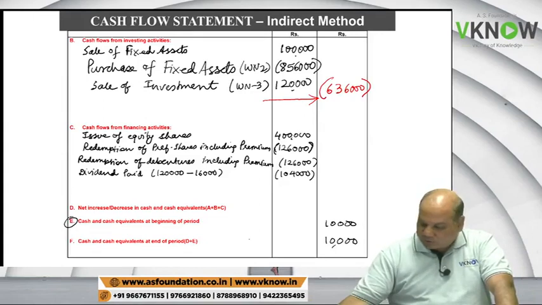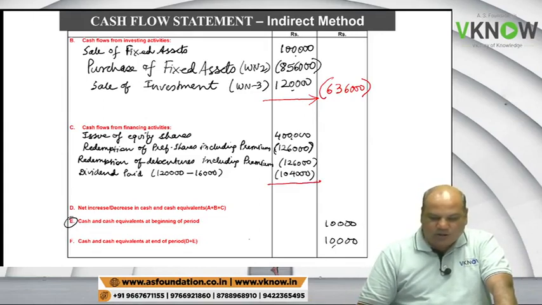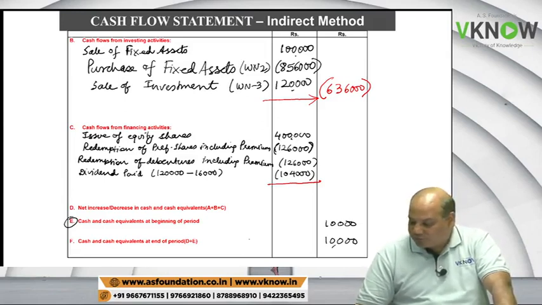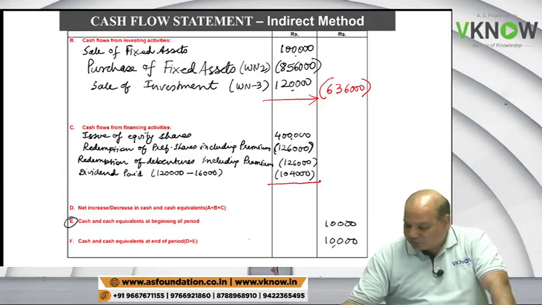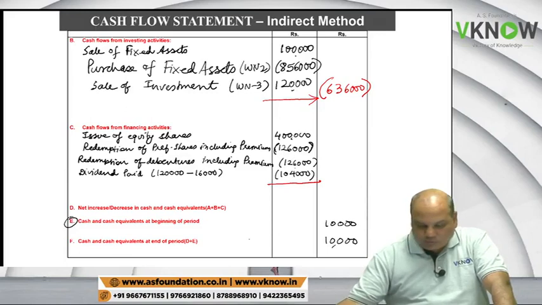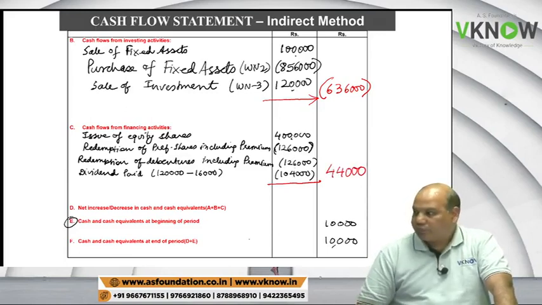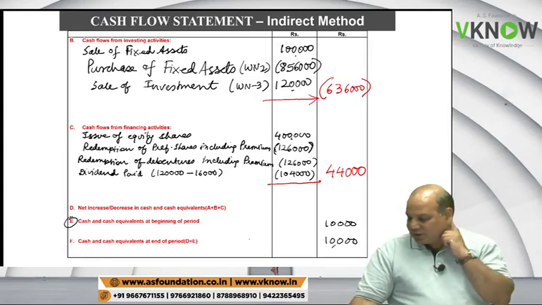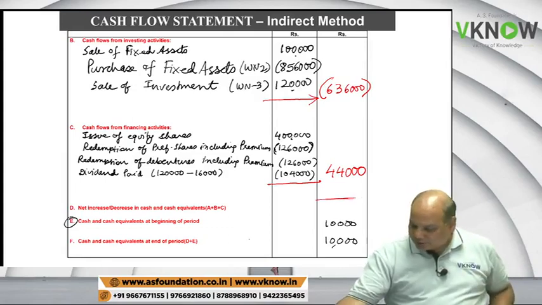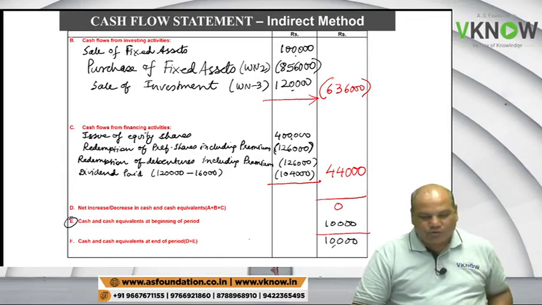Chetan is right. Come on. Come on, Mehta. Come on, Chaurasia. Cash flow from financing activity. So this should be 44,000. Bansode is right. Mehta is right. And finally, tell me the total. It should come to 0.